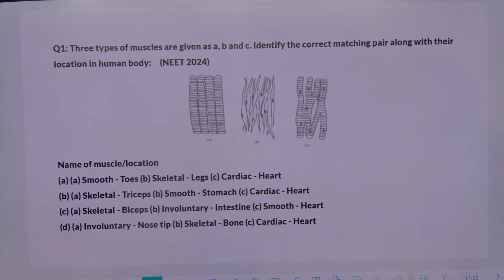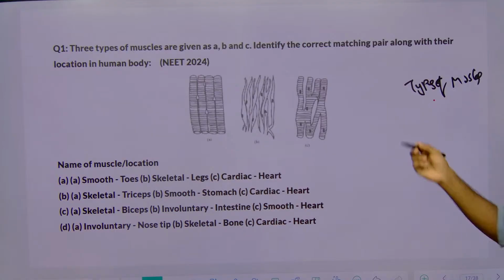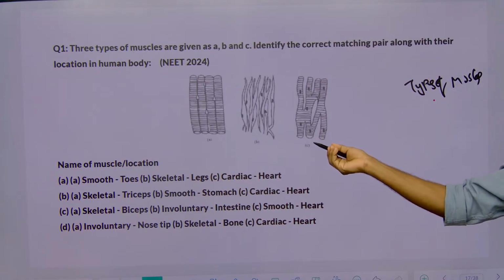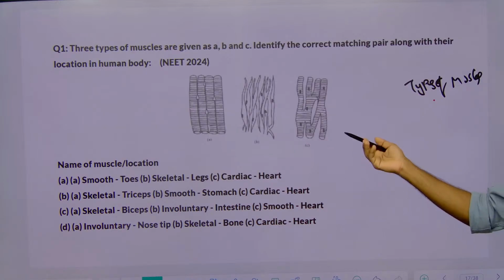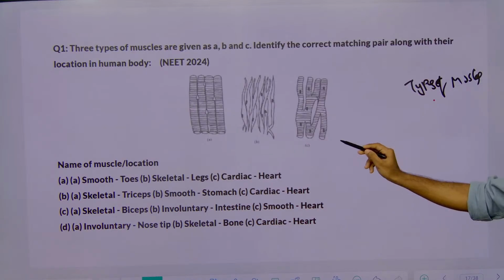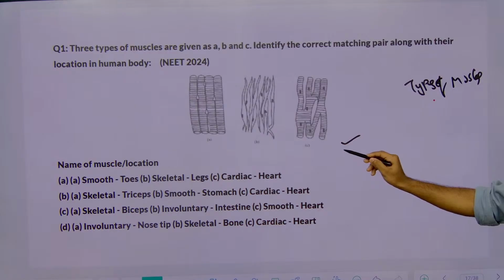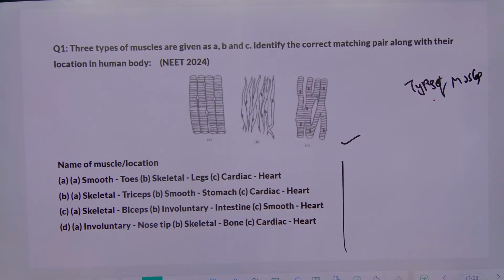And there is another question. This is from types of muscles. This is a NEET 2024 question, a recent question. They gave A, B, C diagrams and they are asking what these diagrams are. Yesterday we discussed A, B, C and we will see.